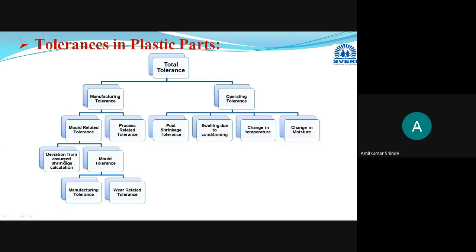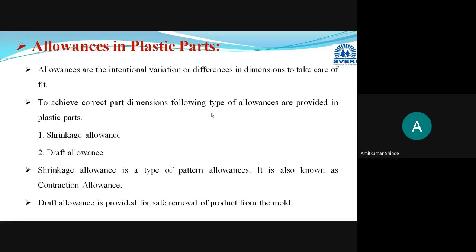It may be due to shrinkage, or it may be due to manufacturing of that mold, or due to the wear. Combinedly these will give you the mold related tolerance. Okay, so these are the tolerances in the plastic part. And after these tolerances in the plastic part, we will move toward the allowances in the plastic part.